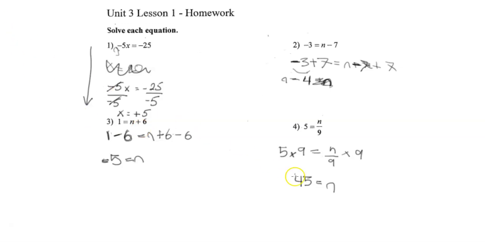And one other thing I want to mention: we don't use division signs like 5 divided by 5. We write it like a fraction. We also don't use x for multiplication, because x we use as a variable. So this looks like 5 times x times 9.